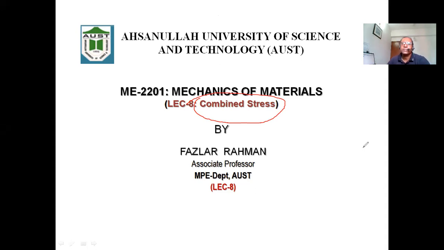So what happens for a beam, how many stresses are in the beam? Rosdul Islam, roll 29. You are there? Rosdul Islam? You are not there. Niaz, roll 12.